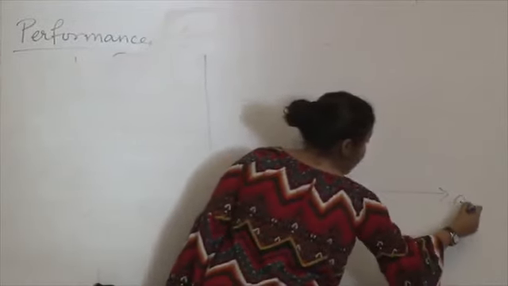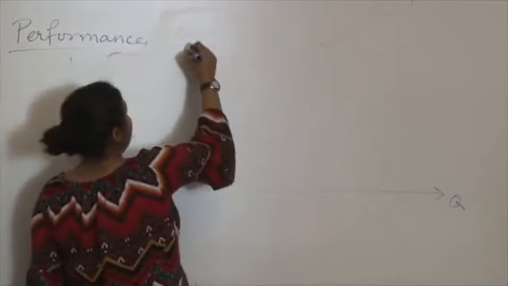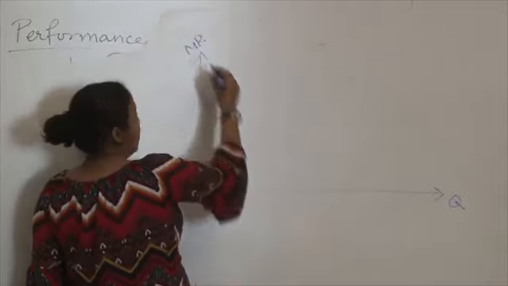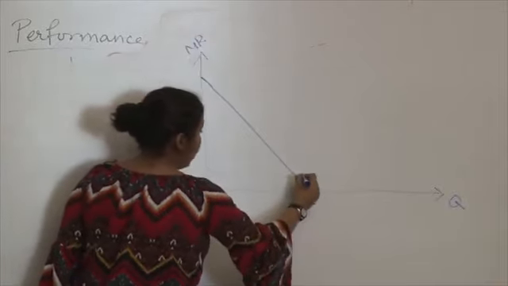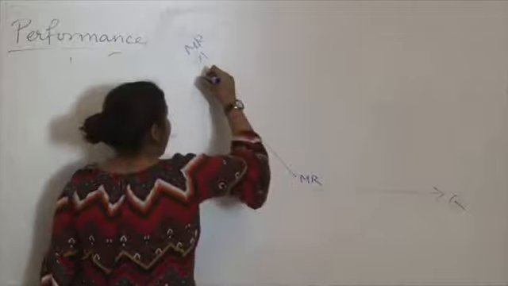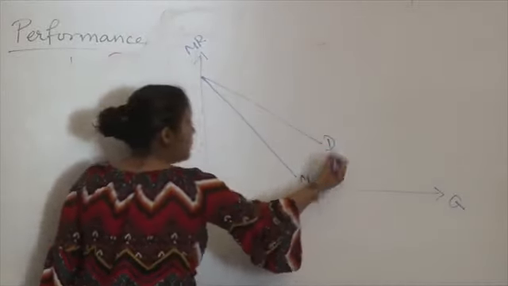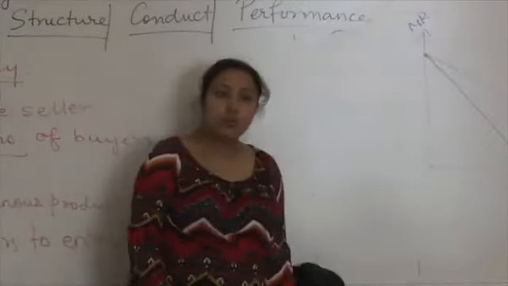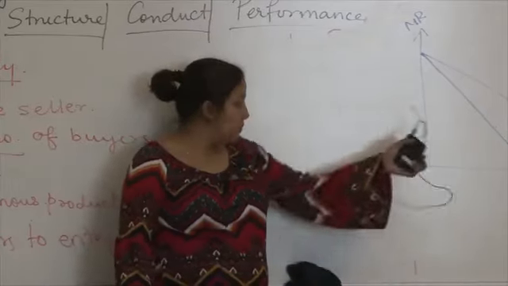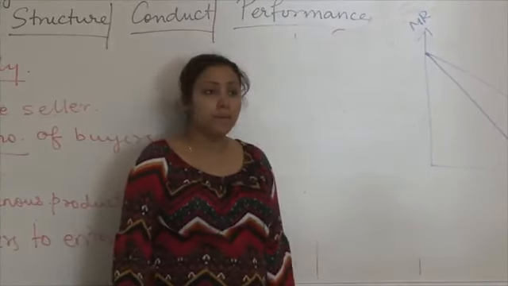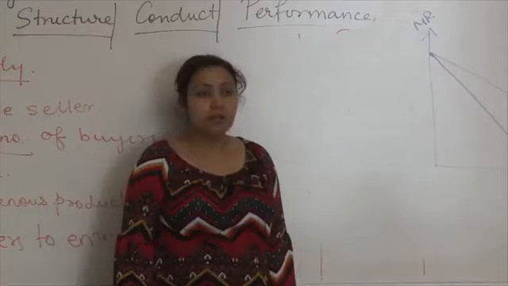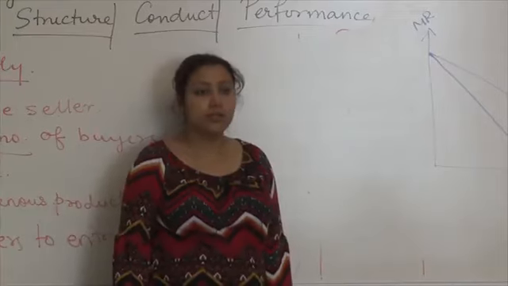You have quantity, and I have a marginal revenue curve and a demand curve, both downward sloping, but MR is always going to lie below the D curve, okay, in case of a monopolist.